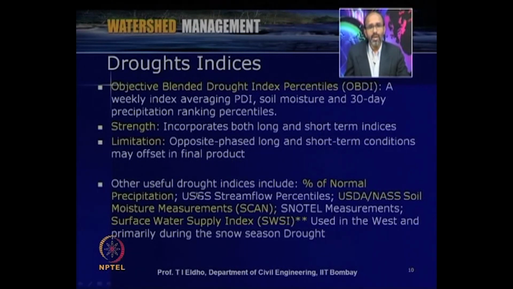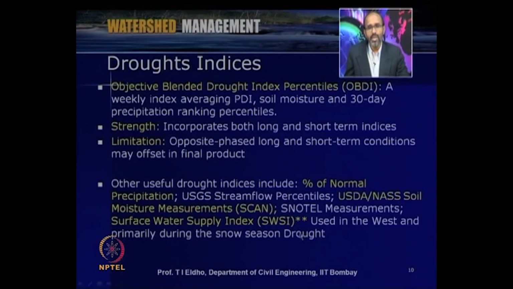And some other useful drought indices include percentage of normal precipitation, USGS streamflow percentiles, USDA and NRCS soil moisture measurements, so-called SCAN, SNOTEL measurements, and the surface water supply index, SWSI.